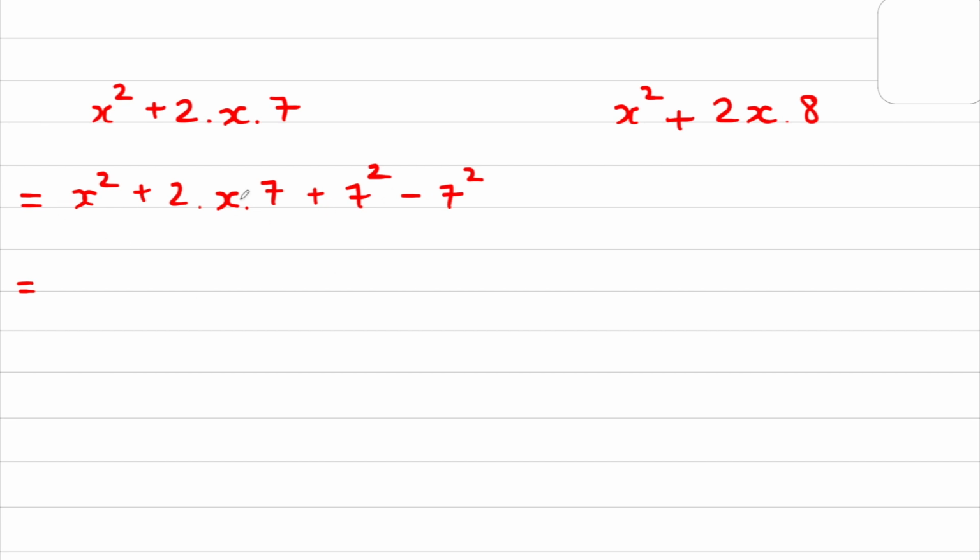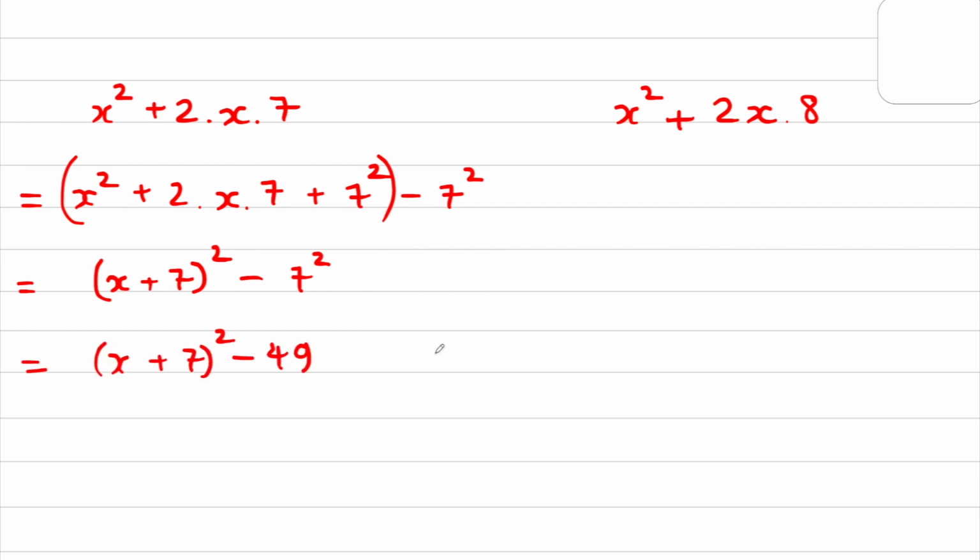After this writing, I have the first 3 terms completed as x plus 7 perfect square here and minus 7 squared outside this bracket. Simplify it one more time, minus 49 will be set up in here. Okay, that is the first one.